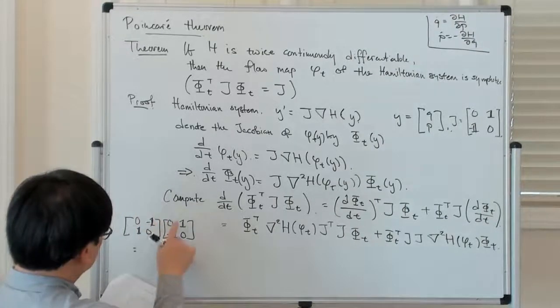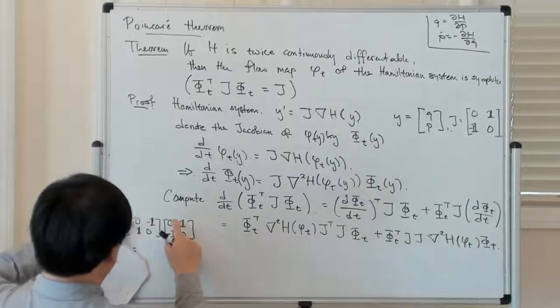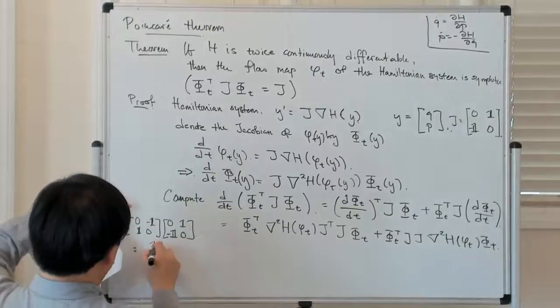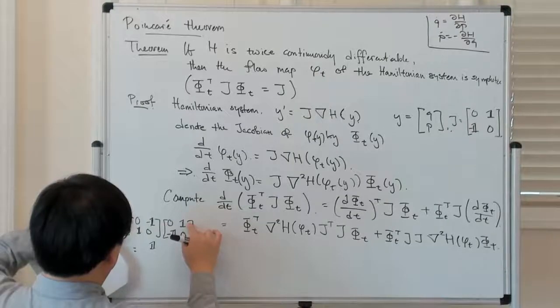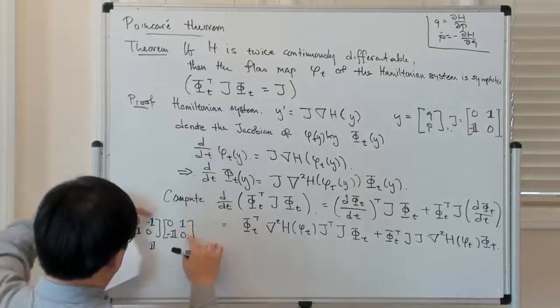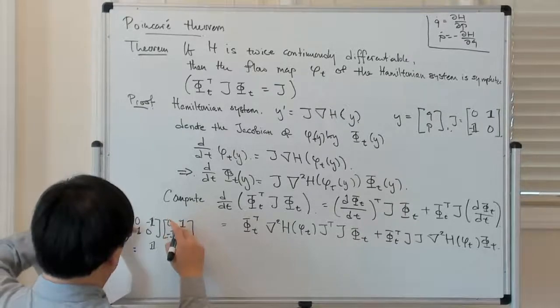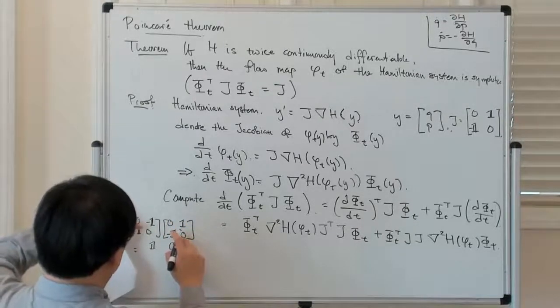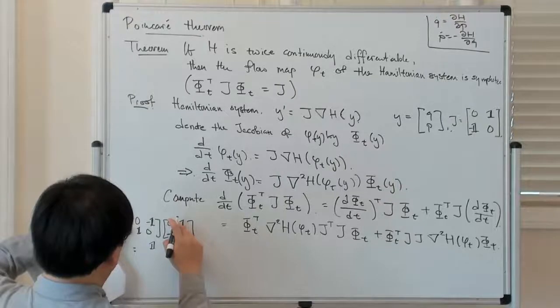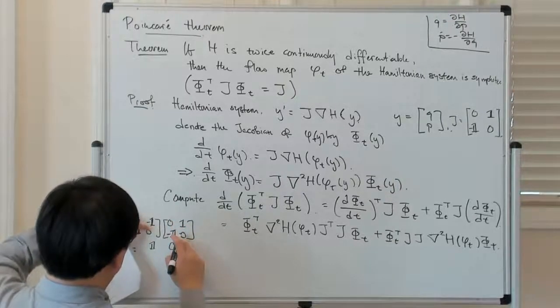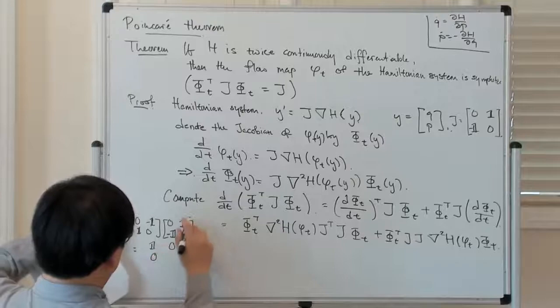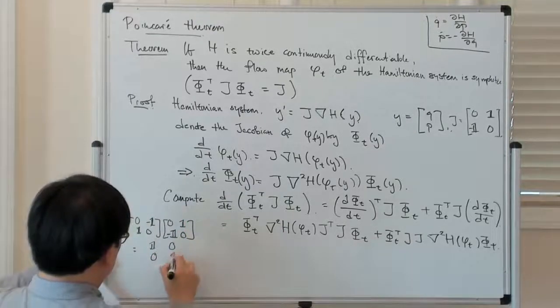So this times this plus this times this is the identity; this times this plus this times this is 0; and then this times this plus this times this is the identity.